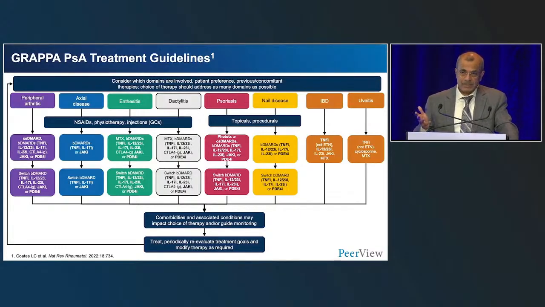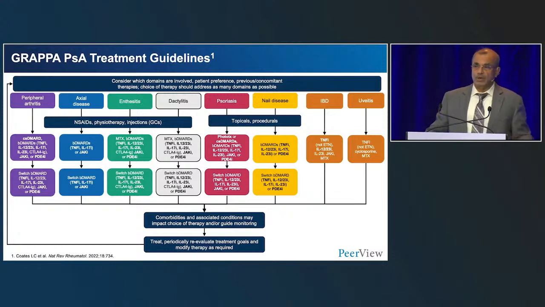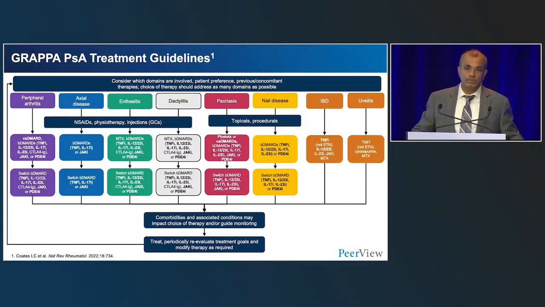They tell us that depending upon what is ailing the patient the most, whether it is psoriatic arthritis, or axial disease, or enthesitis, or dactylitis, or skin, or nail, then it gives us some guidance as to which drugs you would possibly use. This is to help us amongst these 15 different agents. If you look on the left-hand side here, the peripheral arthritis, most of us would start with a conventional synthetic DMARD, most likely methotrexate.